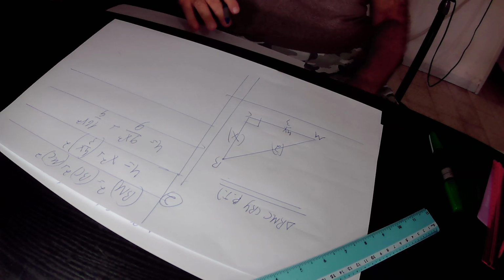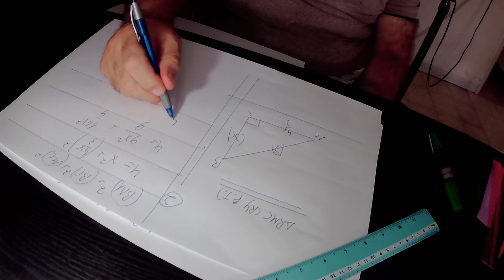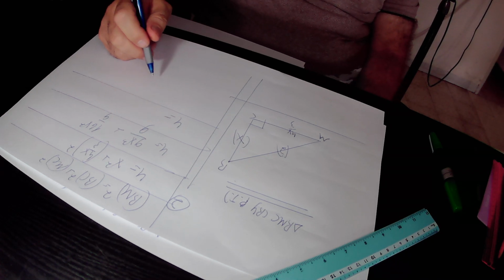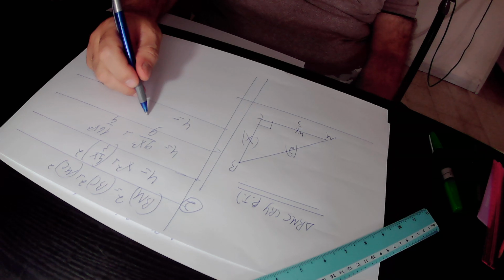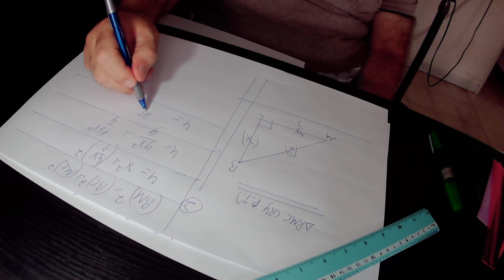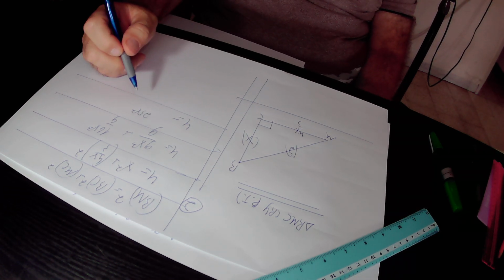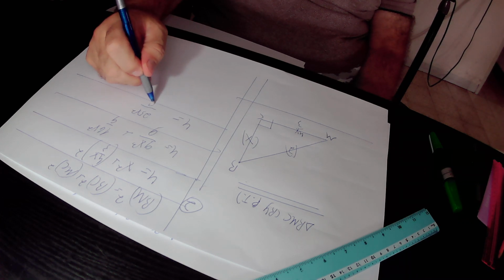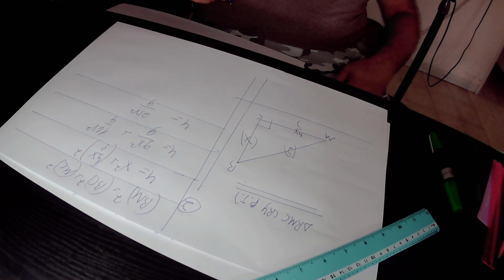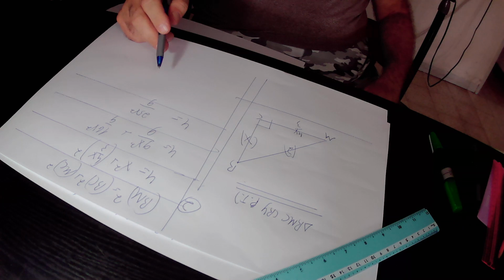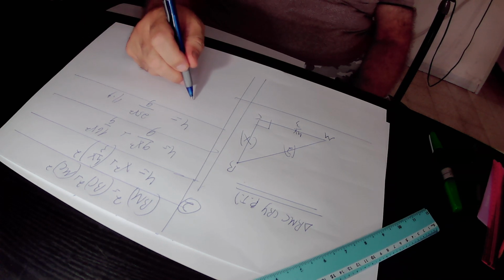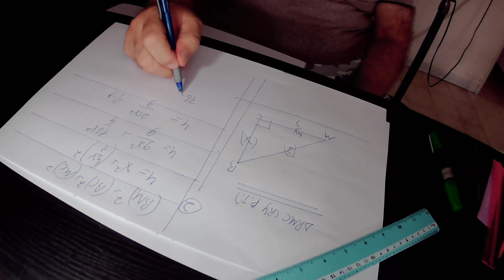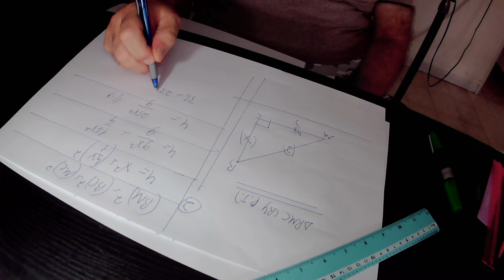Okay, so we find out that 4 equals 9x squared plus 16x squared, which is 25x squared over 9. So 4 equals 25x squared over 9. Here we multiply this equation by 9, and we get that 9 times 4 is 36, equals 25x squared.